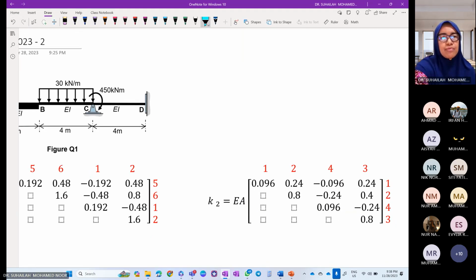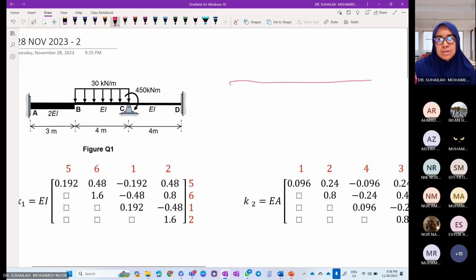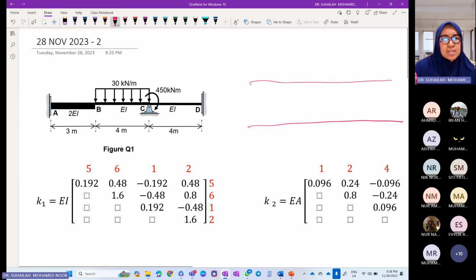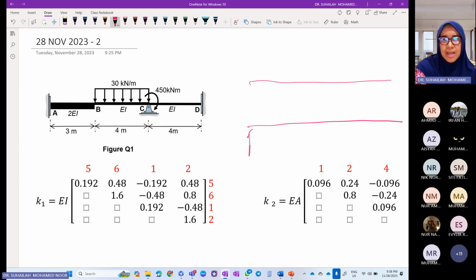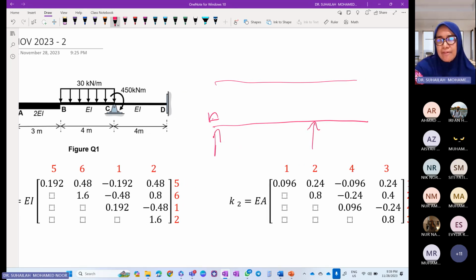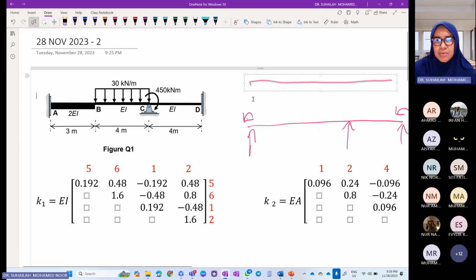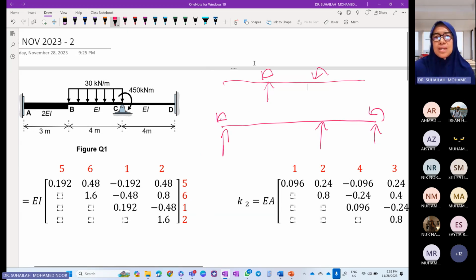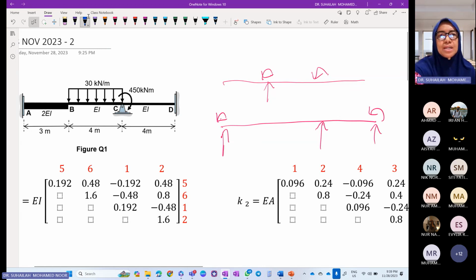For the constrained system, we have 2 at A, 1 at C, and 2 at D. And we have the remaining 3 at B and at C. Then we label, starting from unconstrained, then constrained, degrees of freedom.